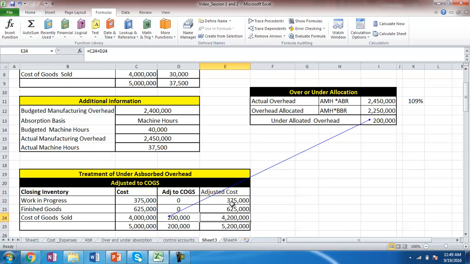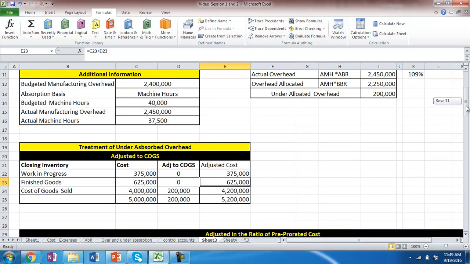After adjustment, the work in progress will be 375,000, finished goods 625,000, but the cost of goods sold will increase by this under allocated or under absorbed overheads. So that means this excess overhead has been adjusted only to the cost of goods sold, and work in progress and finished goods are not affected. Before we understand the relevance of it, let us see the next one.